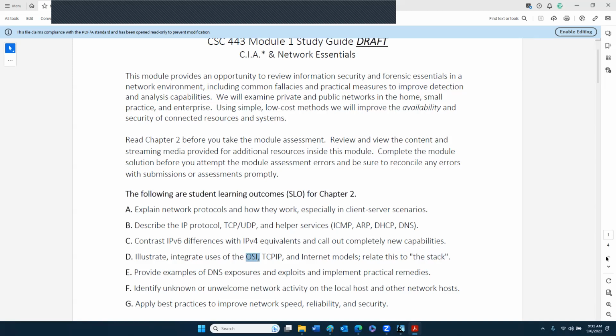Layer 5 is the session layer, which is one layer above the transport layer, right? And the transport layer unpackages, removes its segment or datagram, and passes the contents or payload of its segment or datagram up a level.